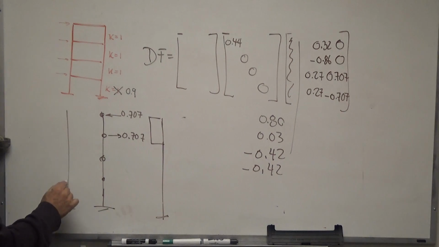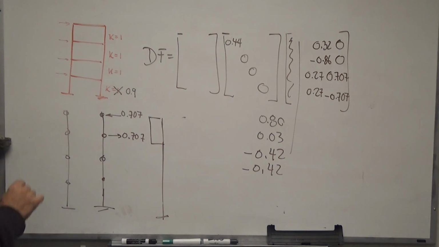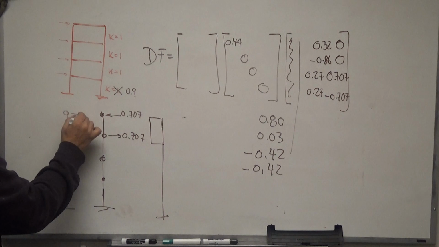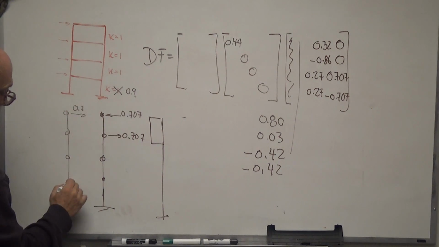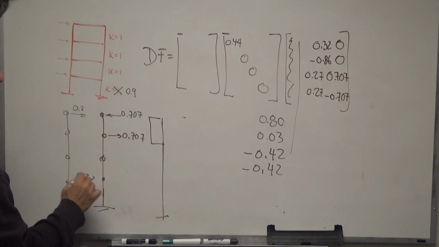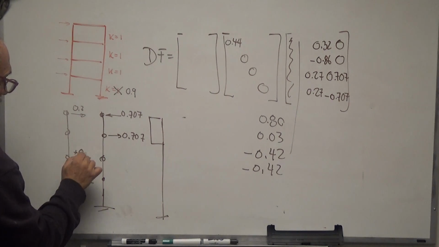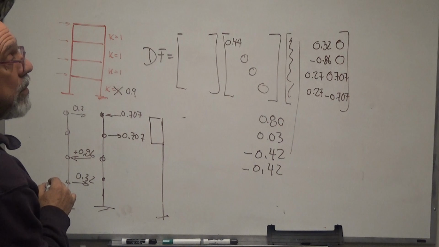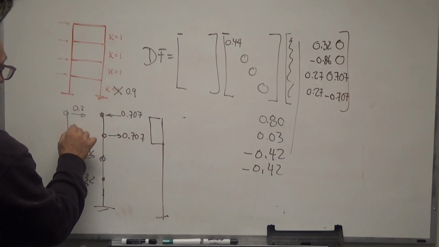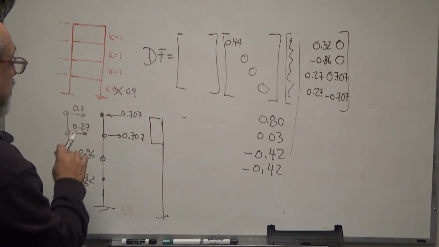And the next one is 0.32. Oops, sorry, here, 0.32. Next level is minus 0.86. To the left, 0.27 and 0.27.